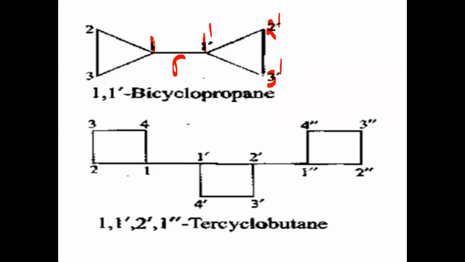To one ring we give 1, 2, 3, and to the other ring we give 1 dash, 2 dash, 3 dash.